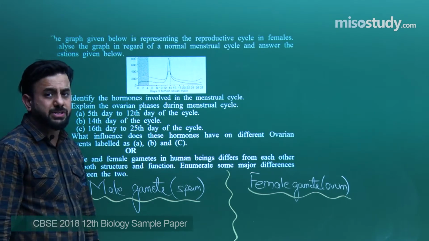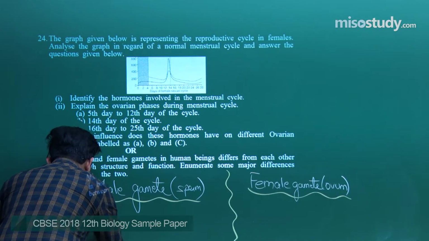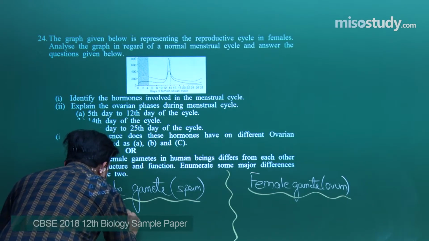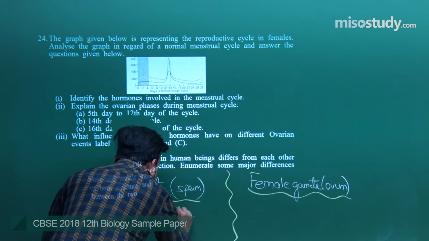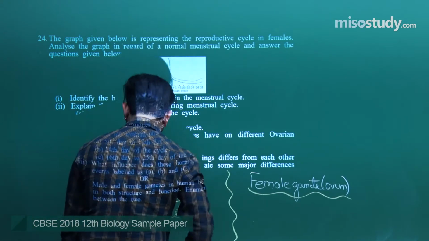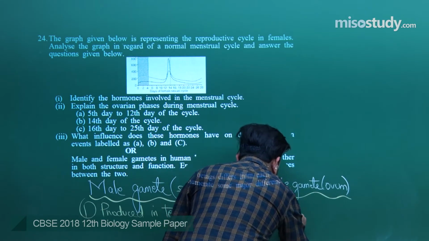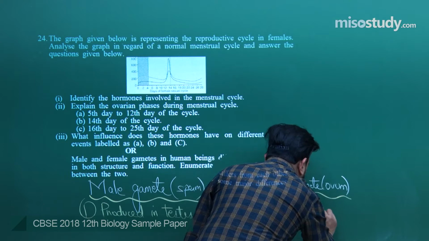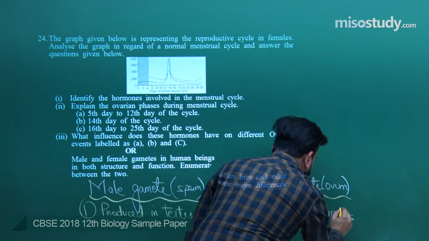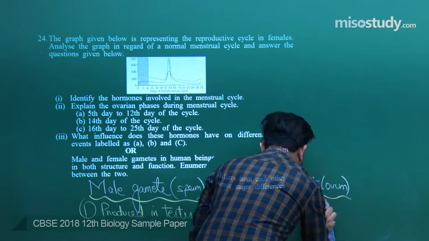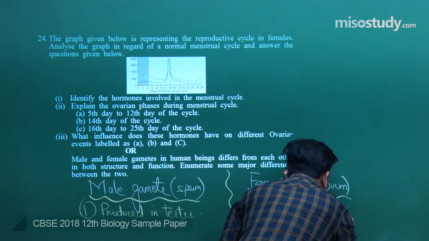The male gamete or the sperm is produced where? Produced in the testes. And this is produced where? In the ovaries. Produced in ovaries. Okay, produced in ovaries.